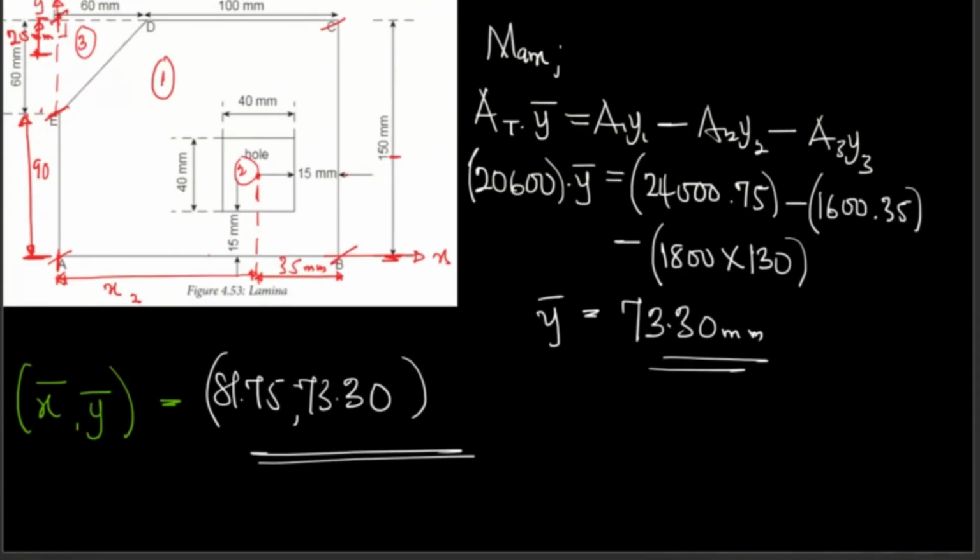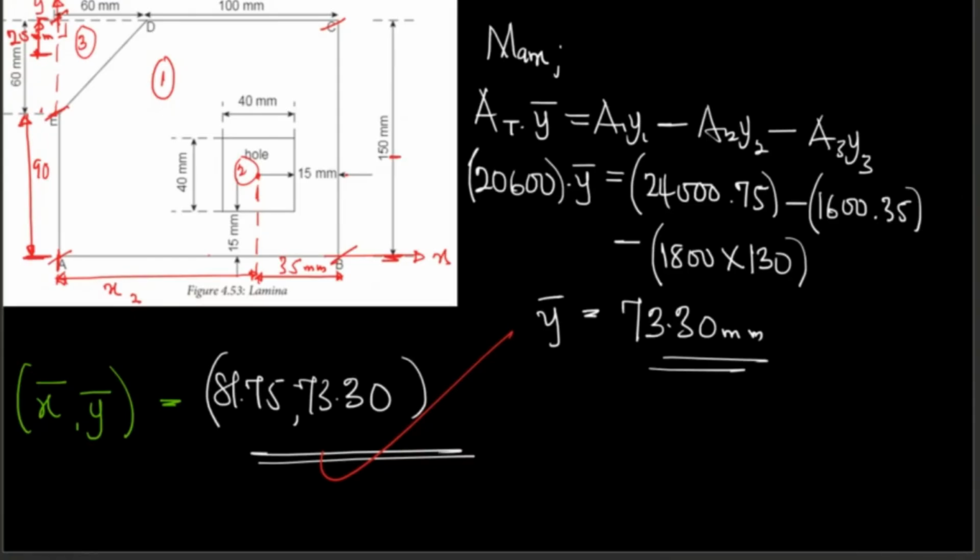73,30. So these are the coordinates of that section. Let's check whether what we got is correct. Question 3, 4.3, 81.748, 73.30 is correct.